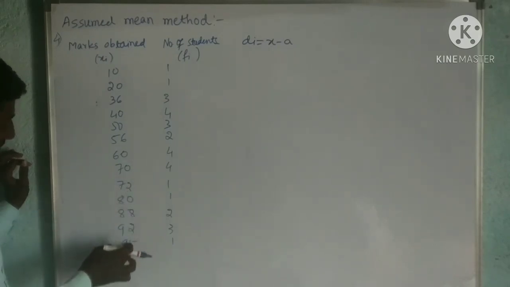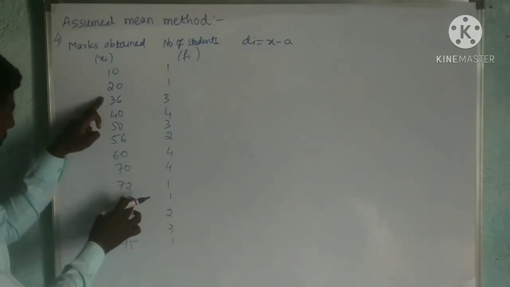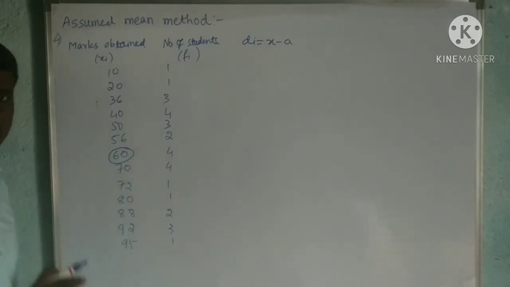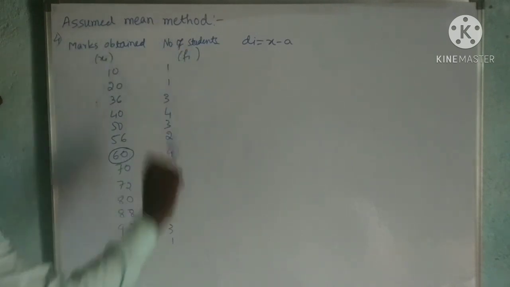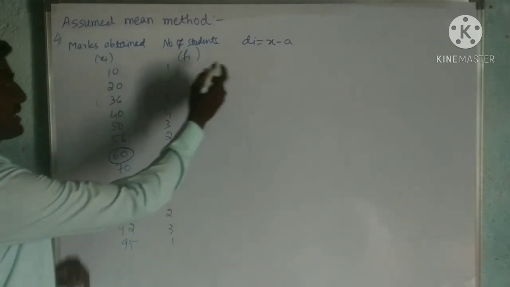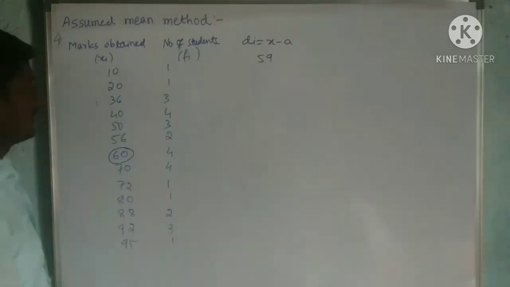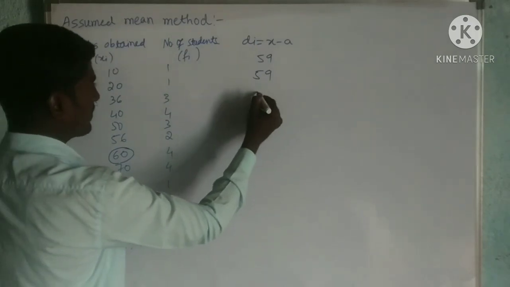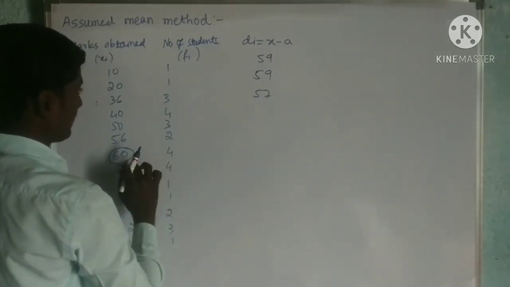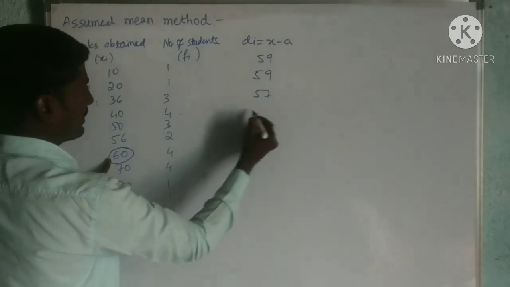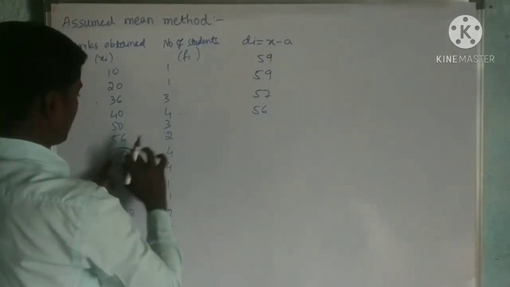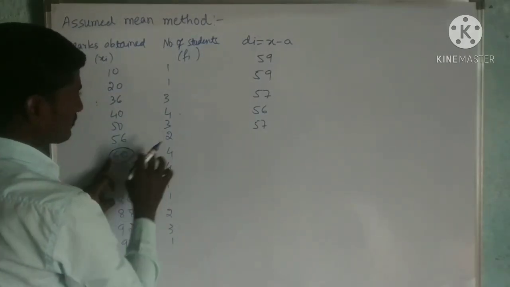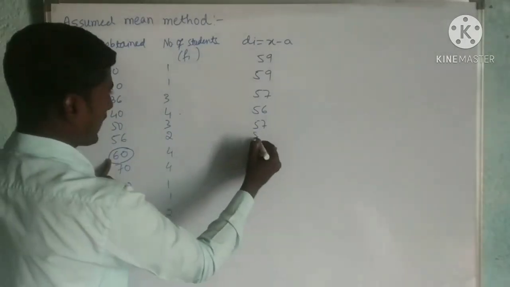I will take this as 60. Di is equal to xi minus a.